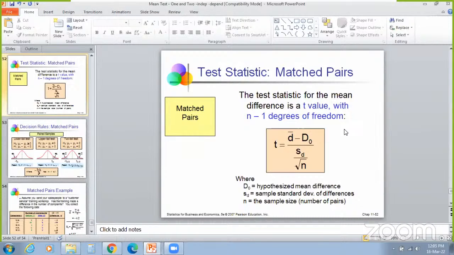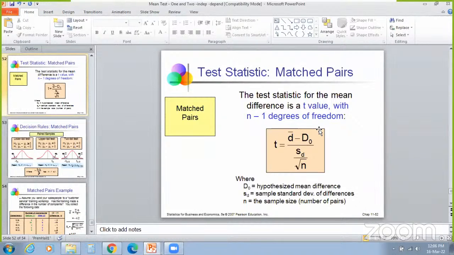But in this case, it is a simple formula where d bar, the mean of the difference between the pre and post period of the selected variable, is subtracted from your hypothesized value. Always our hypothesized value, in this and all other hypotheses, is no difference. So it is d bar divided by the standard deviation of d by root n. By using this, you test your hypothesis.